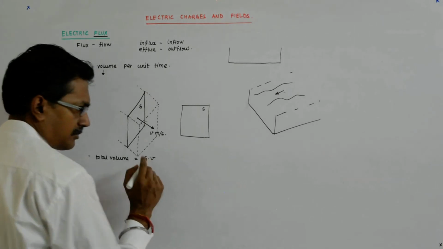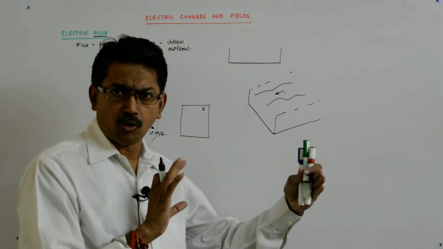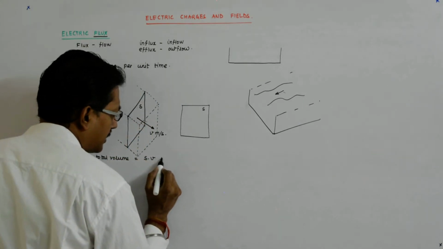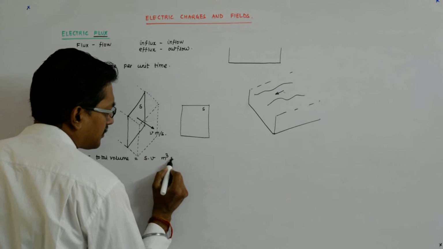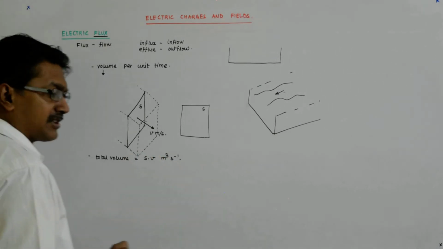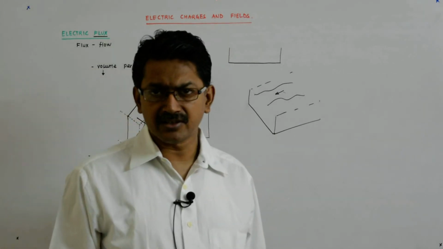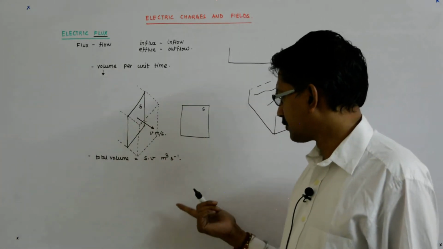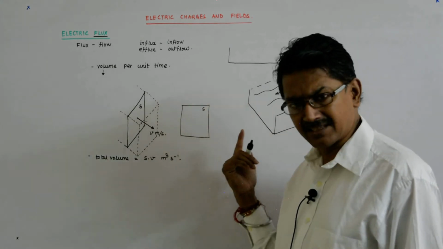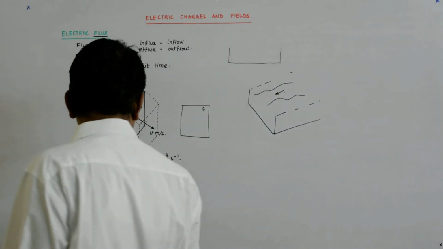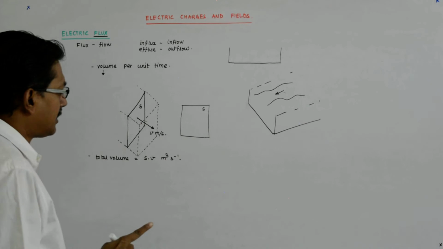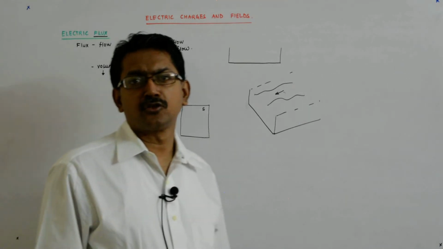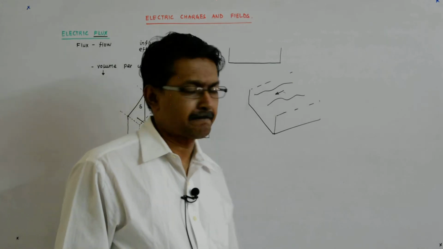Because S into v is the volume of the cuboid per second. So it is S into v meter cube per second. Because the standard unit of length is meter, the standard unit of volume is meter cube, and this much amount has come out in 1 second. So the total volume that comes out is S into v meter cube per second, right?